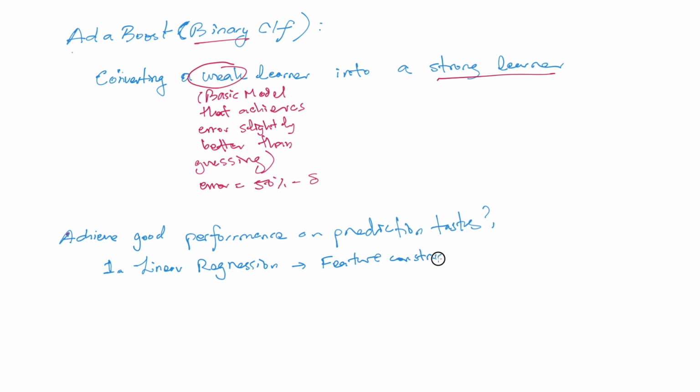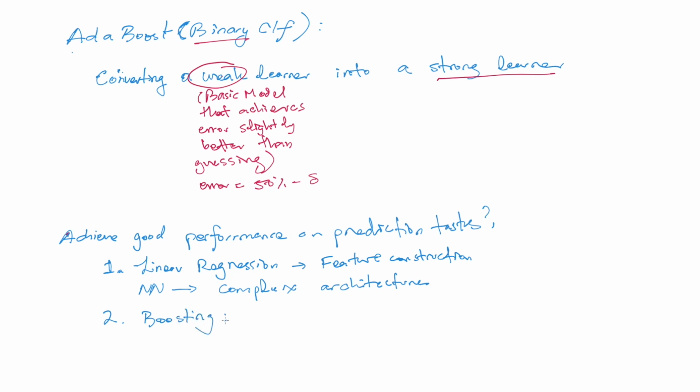You might come up with a lot of good features and add them to your model, and then try to build a strong learner by accounting for more and more variation in your response by looking at more and more variables. Okay, or you could build a neural network, and this has a complex architecture. But if you add more and more layers and you add more and more data, then you might get a strong learner.